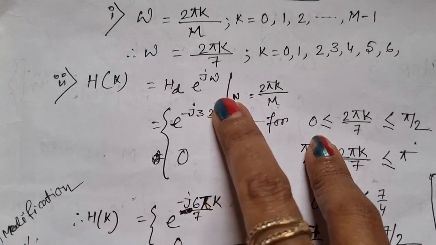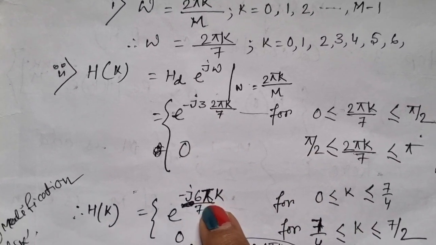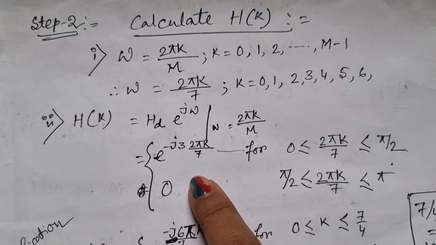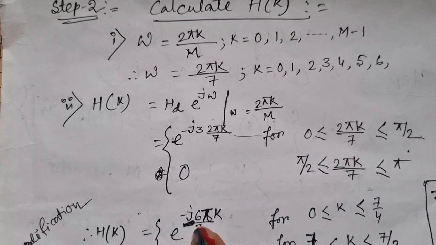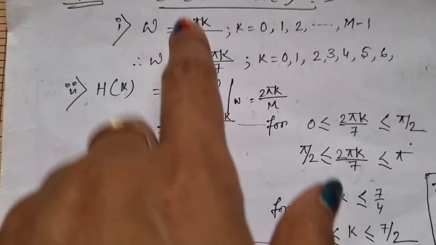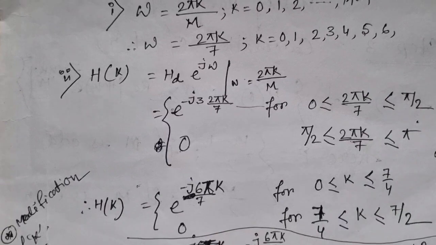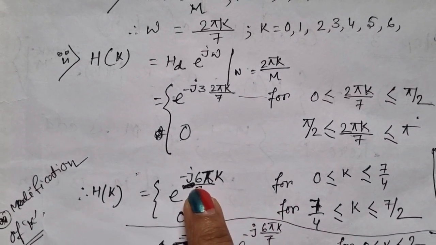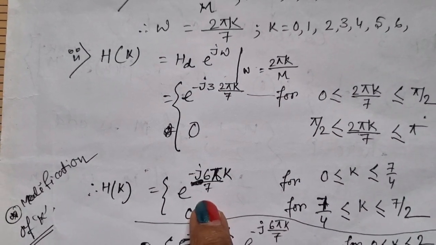So put the value, that is 6 pi k, as we have m as 7, so m minus 1 will be 6. We are putting the value of m here, 2 pi k by m, and after multiplication we are getting 6 pi k by 7. Okay, fine.